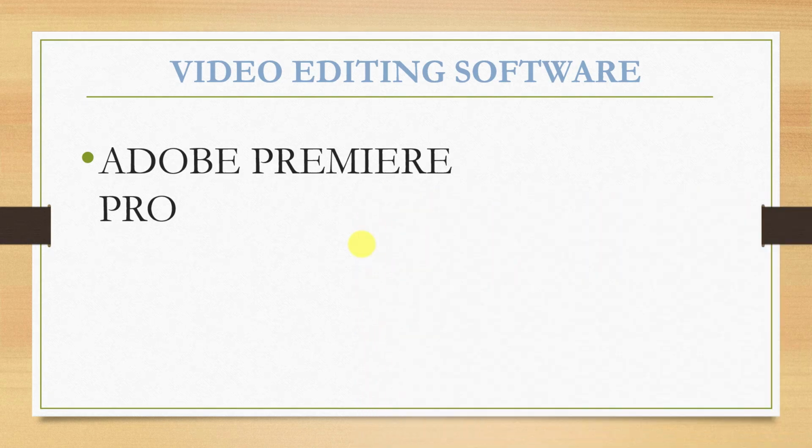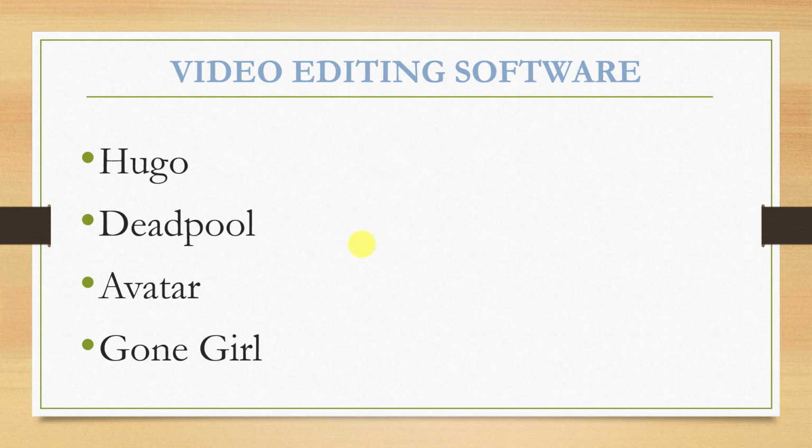Many Hollywood movies and other movies have been edited using Adobe Premiere Pro. The movie Hugo, which won a lot of Oscar awards, used Adobe Premiere Pro for the video editing process. The Deadpool movie, I hope you all know it, the first part was edited completely with Adobe Premiere Pro.